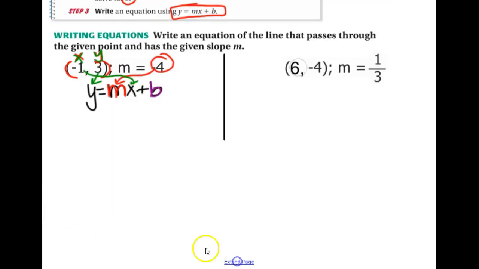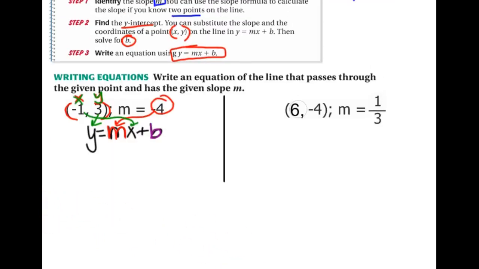So if we plug these in, first, y is 3, m is -4, and it's touching x, so that's multiplied by x, which is a -1, and then we need to figure out what b is.